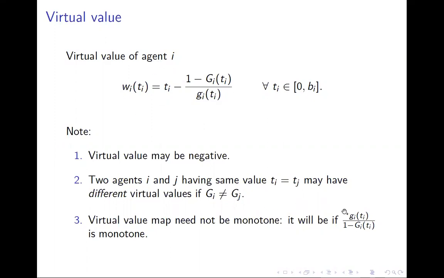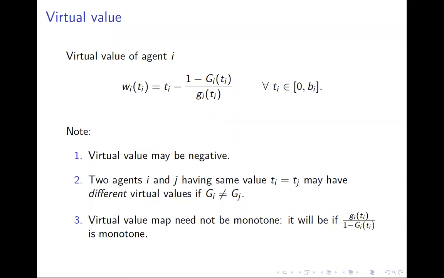Those of you who remember a little probability and statistics, this is called the hazard rate of the distribution. So if the hazard rate of the distribution is monotone, then the virtual value function will be monotone. But in general, this virtual value function need not be monotone. As the value increases, the virtual value may actually decrease. So let's keep these three things in mind.